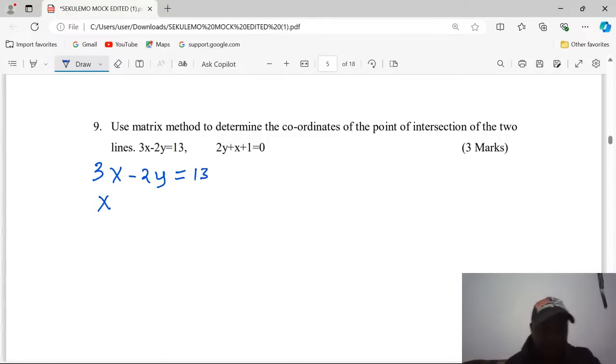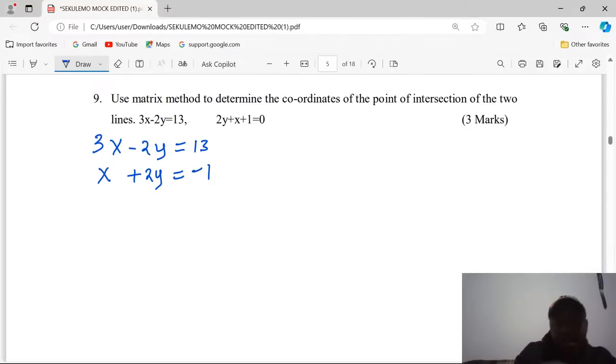So we rearrange the variables in equation 1 to start with x plus 2y, then equals to, instead of 0, we will have -1 going to that side. Now we have our linear equations well arranged. What we go to is the matrix equation now. We write 3, then -2, 1, then 2.